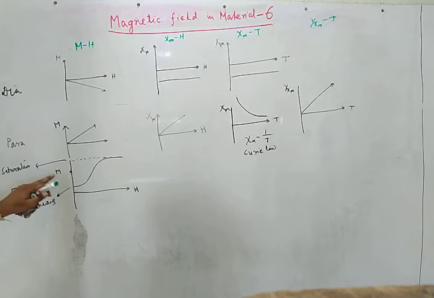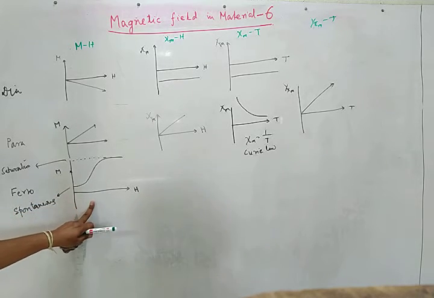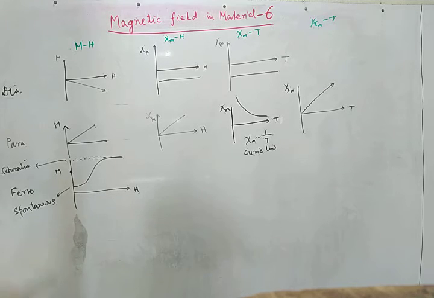And if we increase the magnetic field, it is found that the magnetization increases in a non-linear manner, and you know that in this case chi has a very high value.